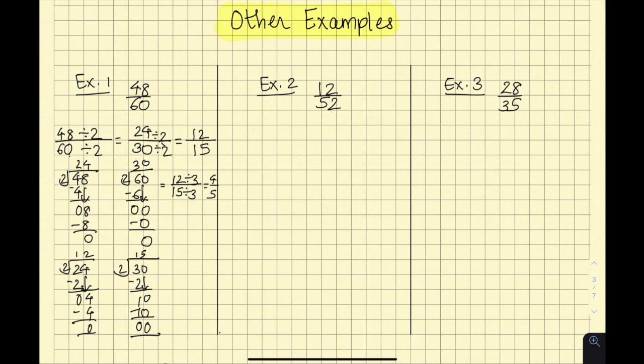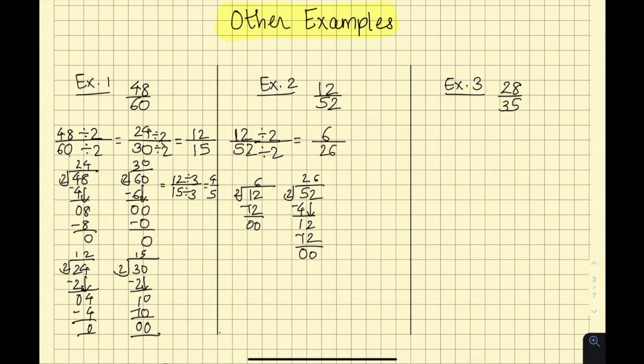Now the next example is 12 over 52. Both have got 2 in the units place, that is they both are even numbers. So I divide 12 by 2, 2 sixes are 12. Lastly 52 divided by 2, 2 twos are 4 and 2 sixes are 12. So when I divide both of them by 2, I get 6 and 26.